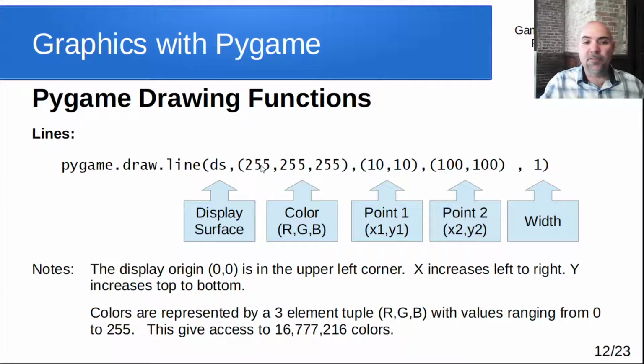So 0 is lower intensity, 255 is higher intensity. When I mix as much red and as much green and as much blue together, when I mix all that light together, I get white. If I wanted something that was a bright, pure red, I could do 255, 0, 0. If I wanted something more like magenta, I could do 255, 0, 255. A dark gray might be something like 100, 100, 100.